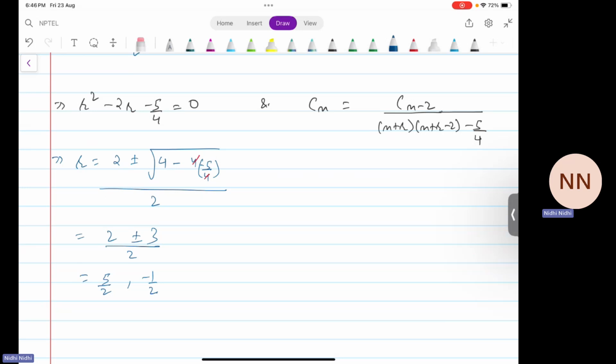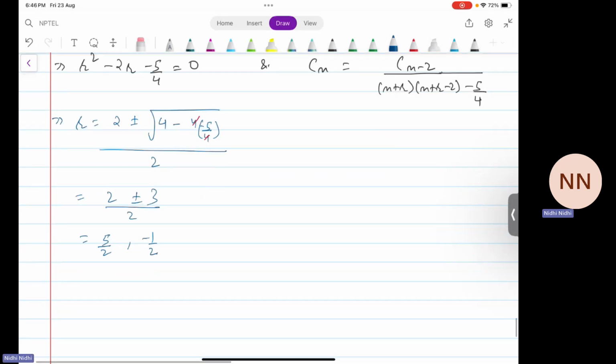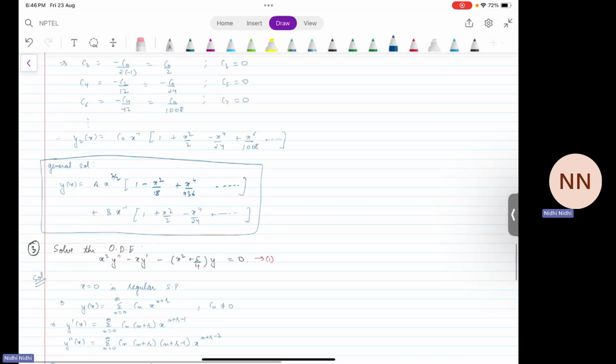We can see that the difference of the two roots is integral, because if we take r1 to be 5 by 2 and r2 to be minus 1 by 2, we get r1 minus r2 to be 3, which is an integer. So this is our third case.